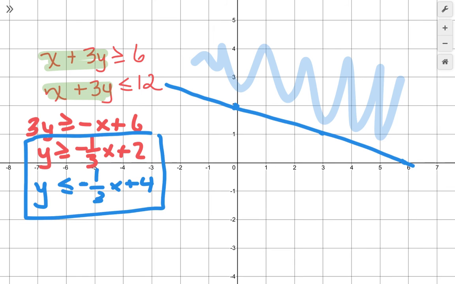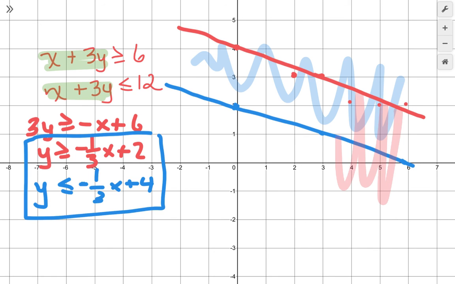The other one, y-intercept is 4, same slope, down 1 over 3, sorry. Also a solid line. In this case, y is less than or equal to, so I'm shading underneath that line. And we can see here the final solution set is the region between those two parallel lines.